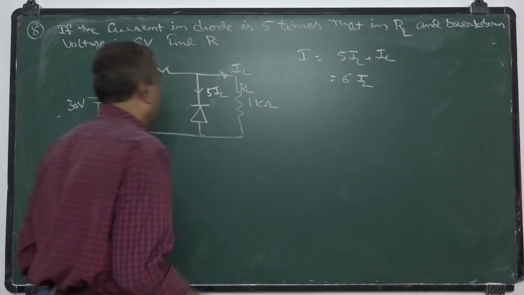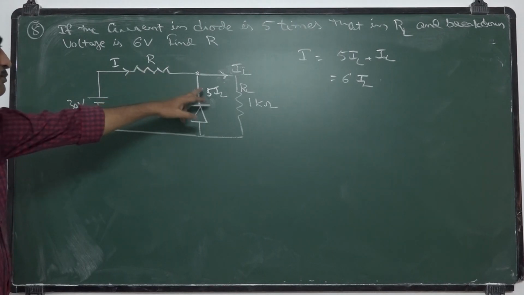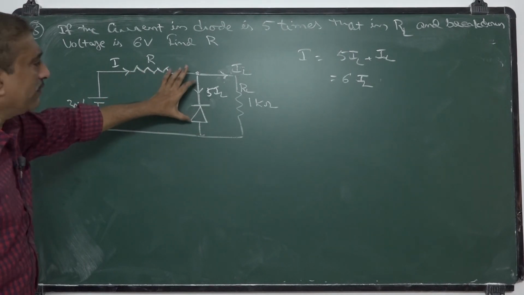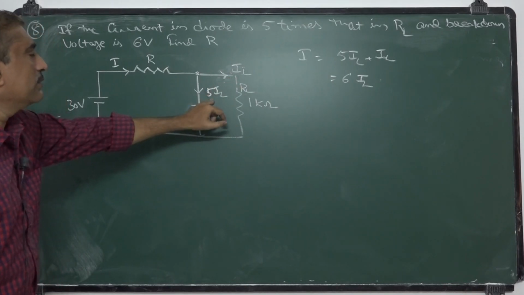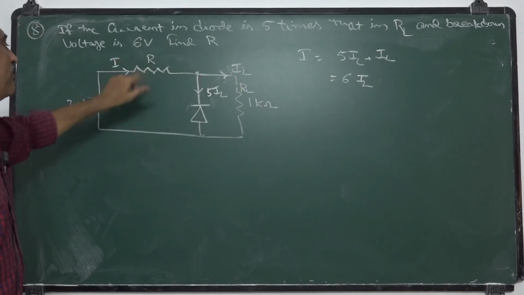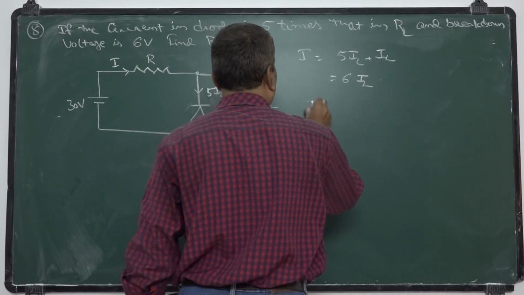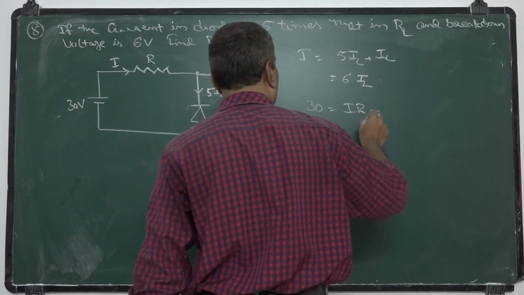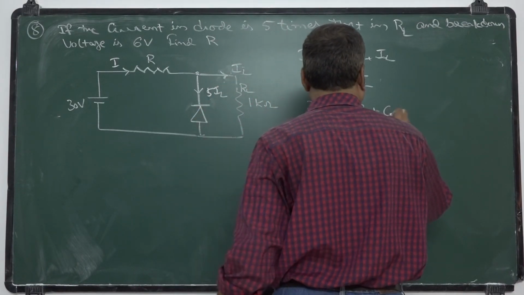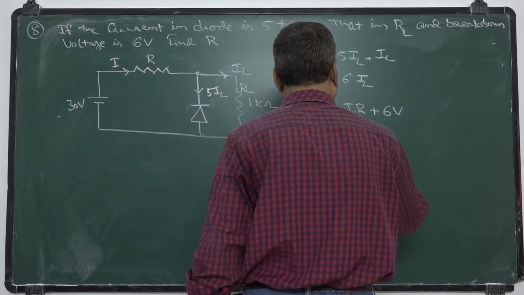So you remember that. That means applying Kirchhoff's junction law here. Now because this diode is parallel to this load resistance, its breakdown voltage is given as 6 volt. So from Kirchhoff's second law we can write 30 is equal to IR plus this 6 volt. So IR is equal to 30 minus 6.